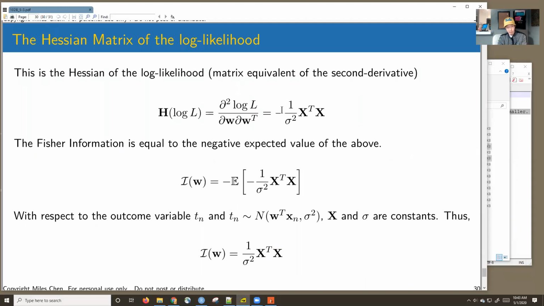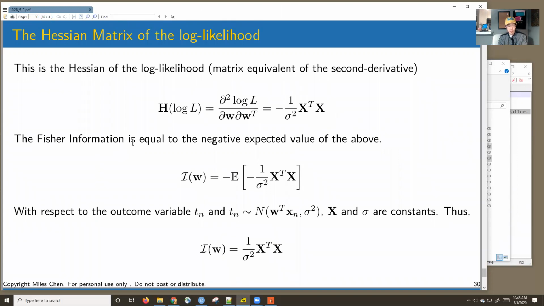All right, so this is the Hessian of the log likelihood, the matrix of second derivatives. And what we want is the Fisher information, which is equal to the negative expected value of this thing, okay? Remember that when we talk about the expected value here, X is not a random variable. It feels strange asking what's the expected value of X transpose X, because we are accustomed to seeing X as the random variable, but X is a constant when t is coming from this normal distribution.